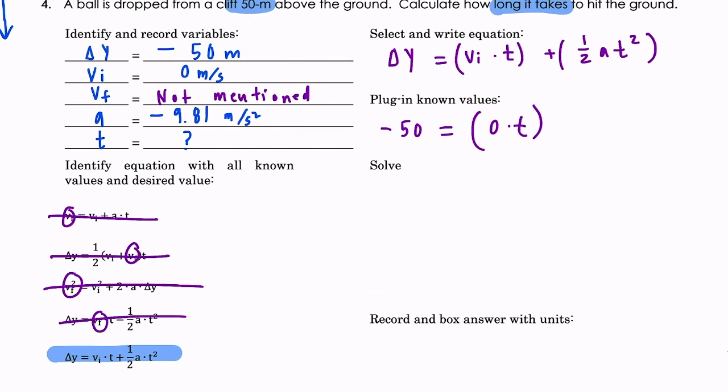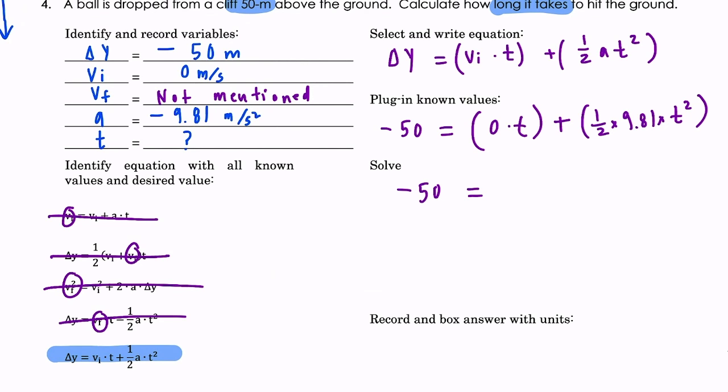Which, if 0 times t, we know it's going to be 0. If that was the only t in our equation, this would not be very helpful because we want to solve for t. But luckily, we still have 1/2 times 9.81. And I'll put the multiplication symbol, times t squared.